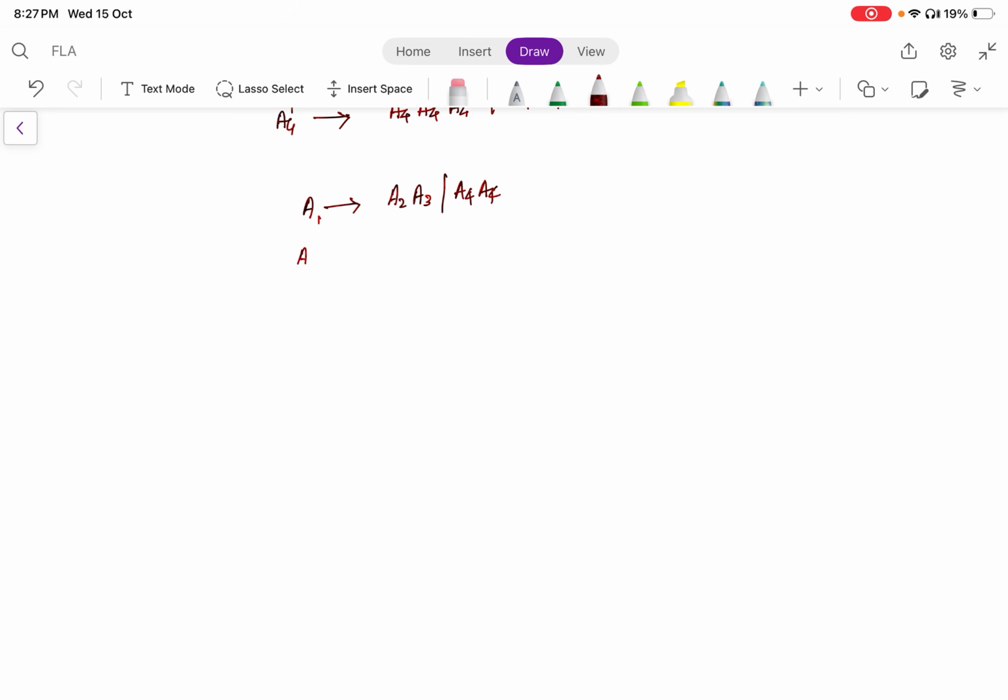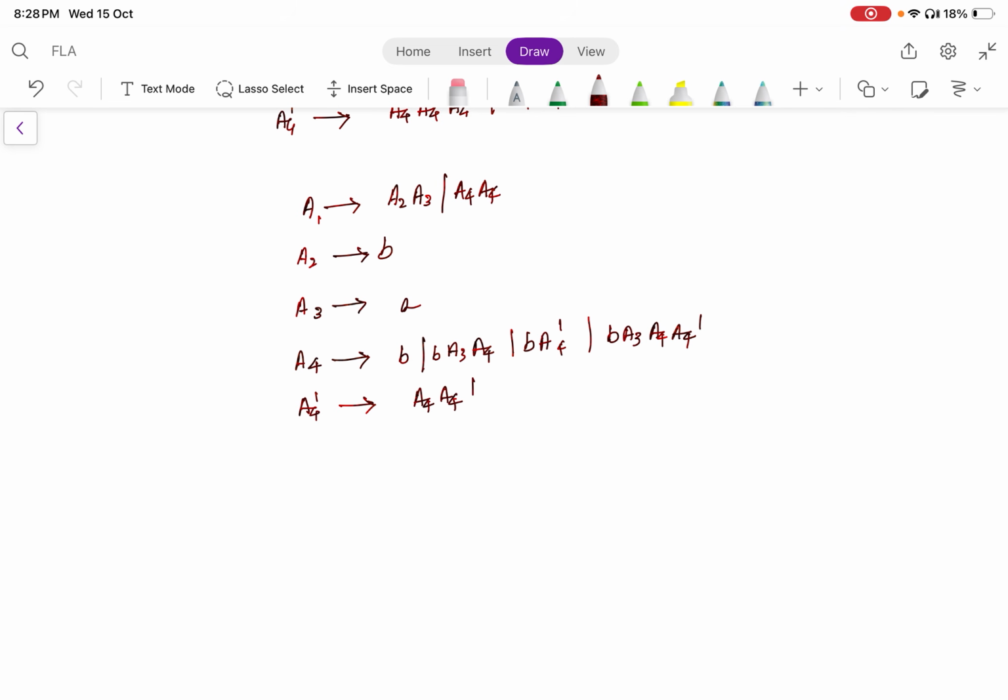A2 tends to B, A3 tends to, A4 tends to B, B A3, A4, B A4 dash, B A3 A4 A4 dash. And then finally you have A4 dash production, which is A4 A4, A4 A4 A4 dash.